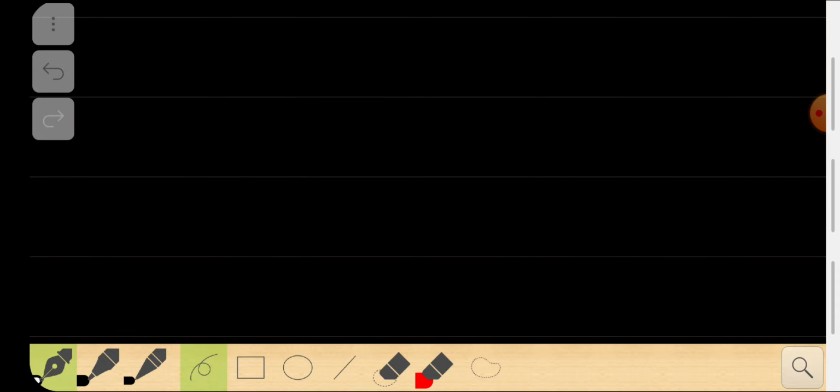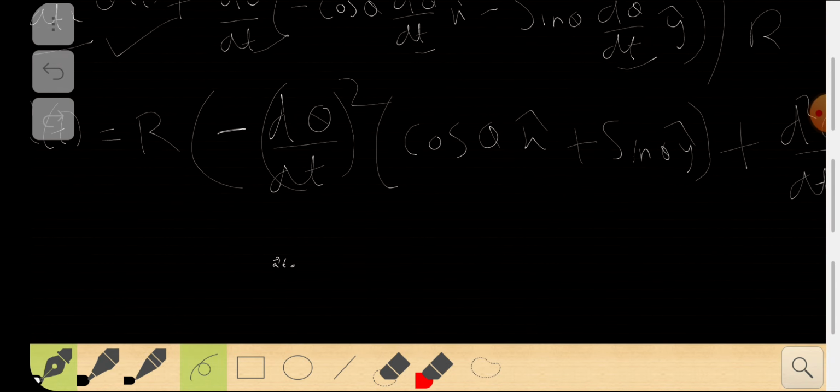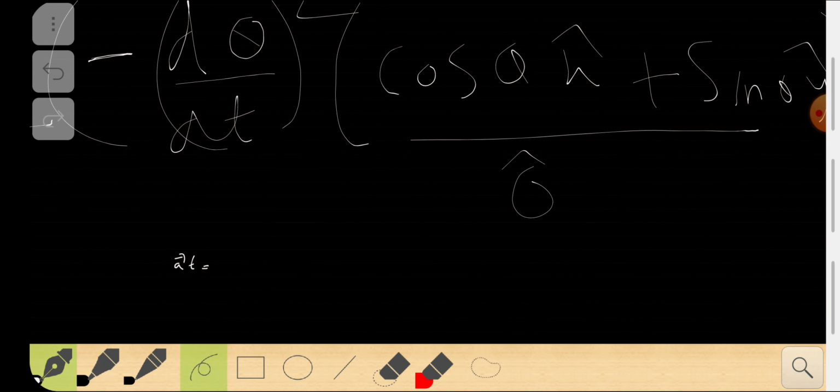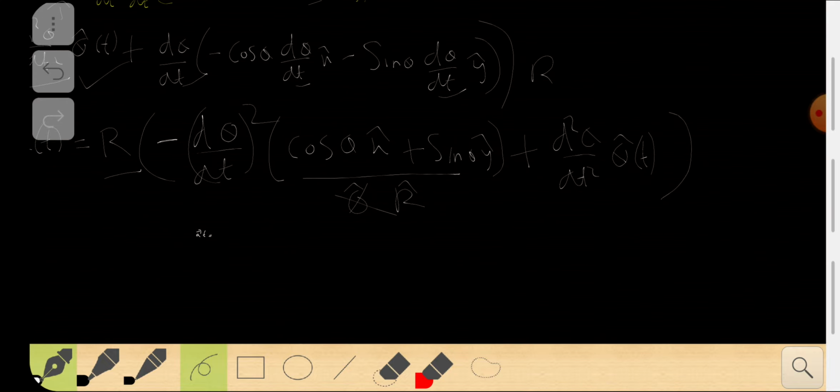So a of t is equal to r times d theta by dt the whole square, and cos theta x cap plus sine theta y cap is just, no sorry, this was r cap, not theta cap. So it's r cap.